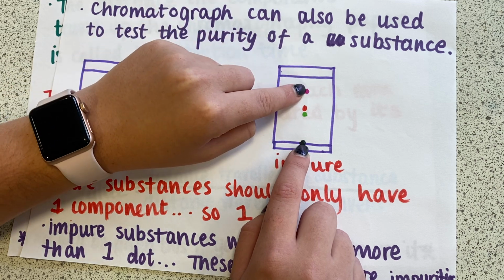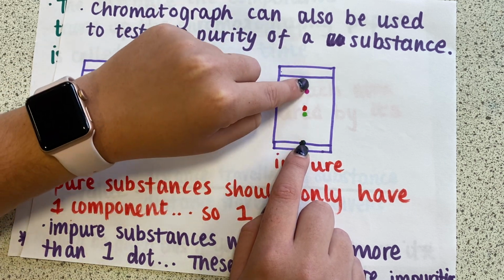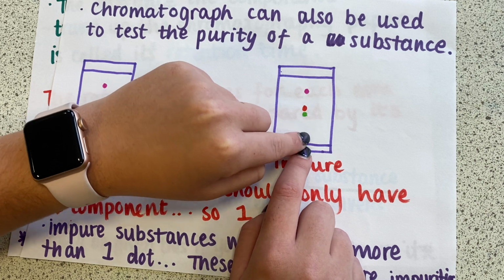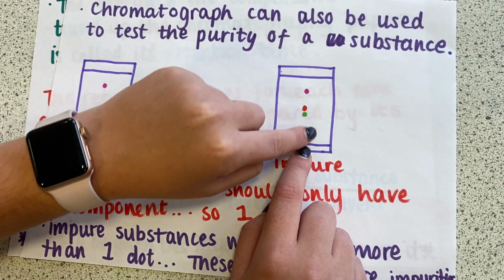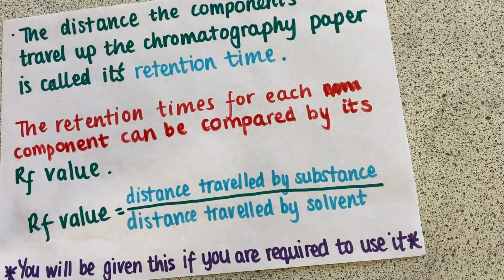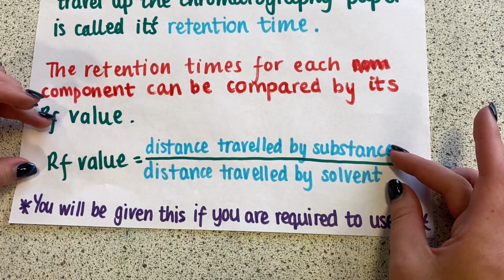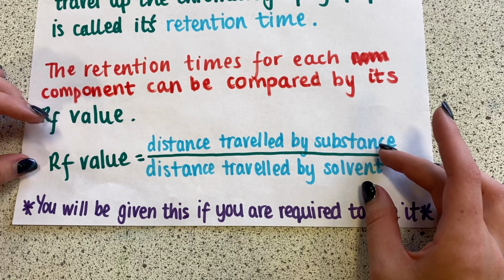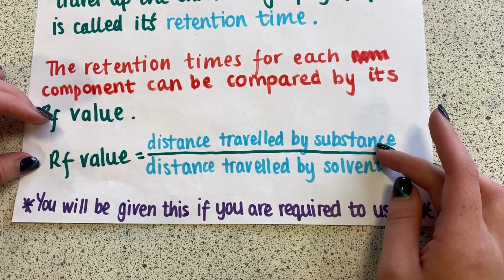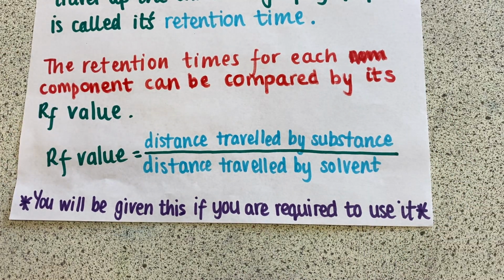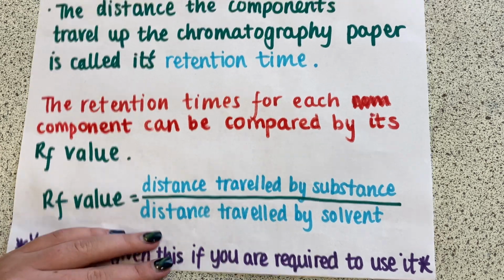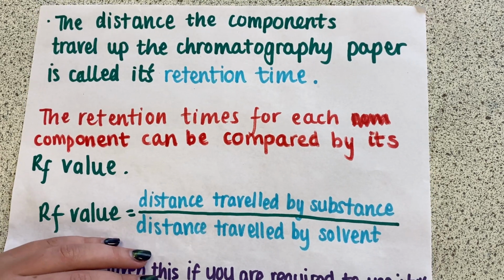So you divide this distance by this distance. Don't worry about remembering this equation, because you're always given it, and you'll always be told how to use it if you're ever asked to use it.